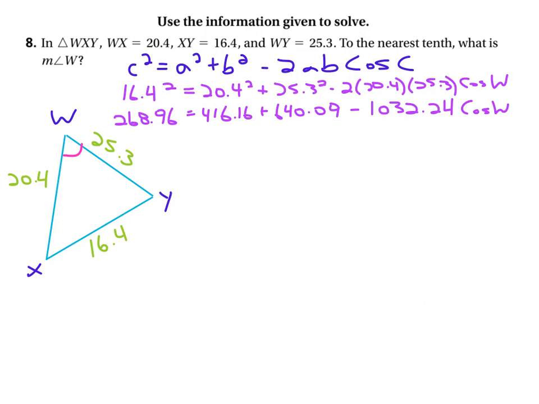Okay? And then we're going to start to simplify. The first thing we're going to do when we simplify is keep this the same on that side, 268.96 equals, and we're going to add these first two numbers together, 416.16 plus 640.09 equals 1056.25.